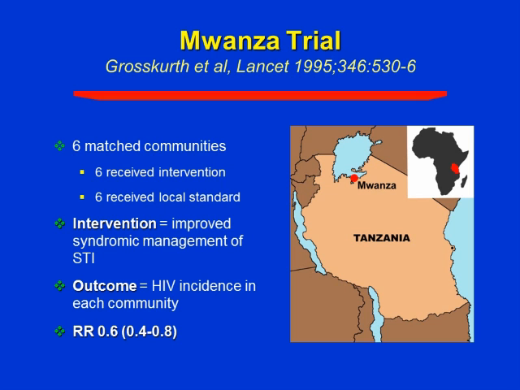And they found that indeed, in the communities that were randomized to receive improved syndromic management of STI, HIV incidence was significantly lower than the communities who got standard of care. Unfortunately, while it's a great example for teaching about community randomized trials, this finding was not replicated in a number of additional trials that were done on the same subject.